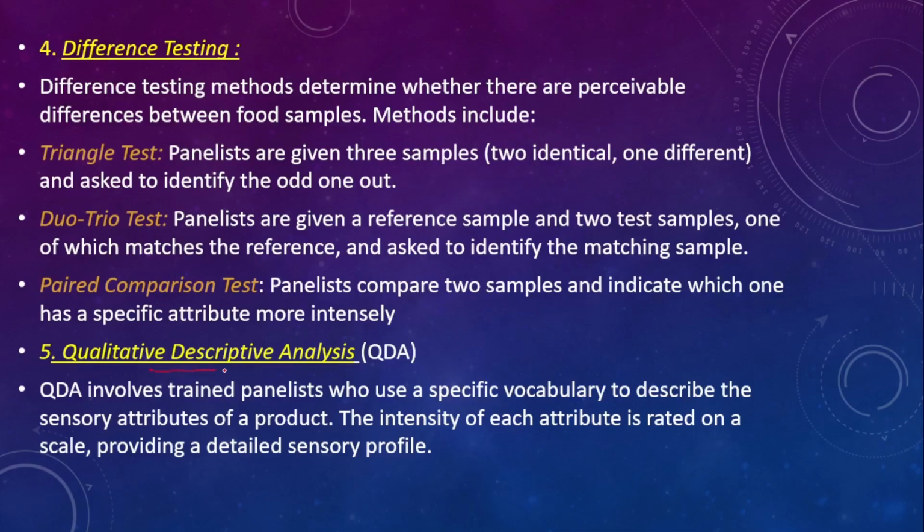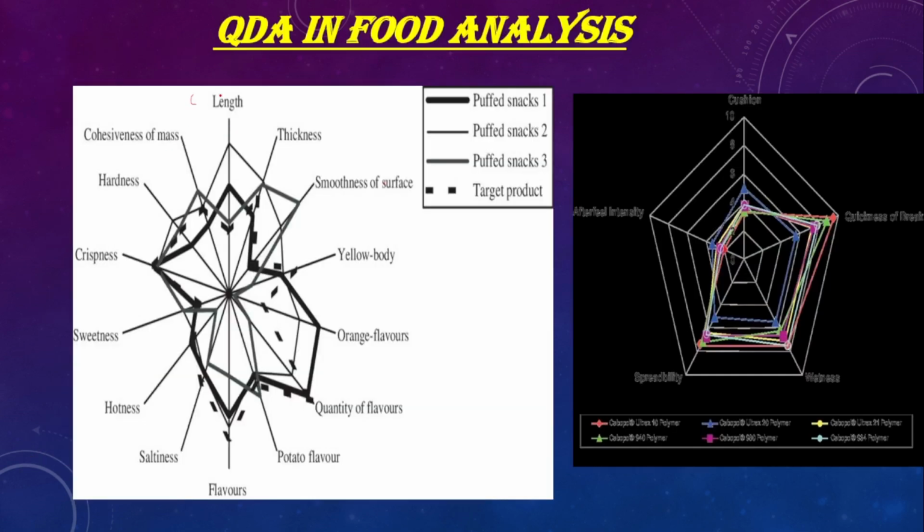Next is the qualitative descriptive analysis. It involves trained panelists who use specific vocabulary to describe the sensory attributes of the product. Each attribute is rated on a scale. They provide a detailed sensory profile. This is the scaling method. We can see the broad line is related to puffed snack 1, snack 2, snack 3.